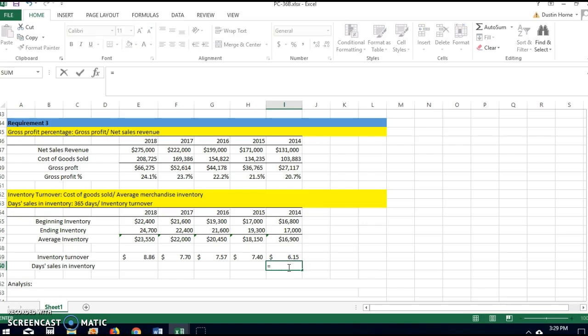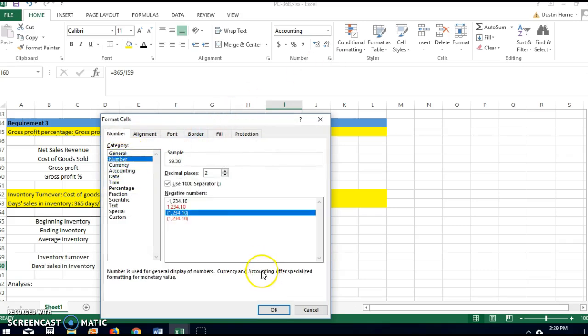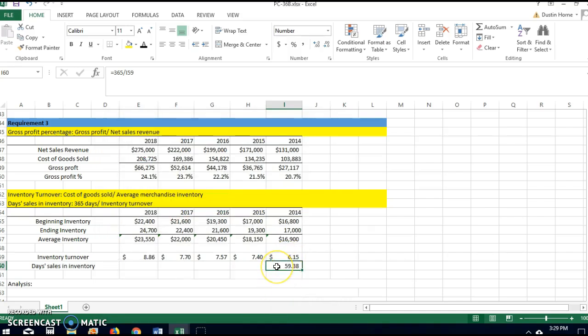So what I'm going to do here is take 365 days in a year, and divide by the inventory turnover, and I get 59.38. And this is not days, so let's see if I can just get just a regular number here. 59.38 will round to the hundredths here.